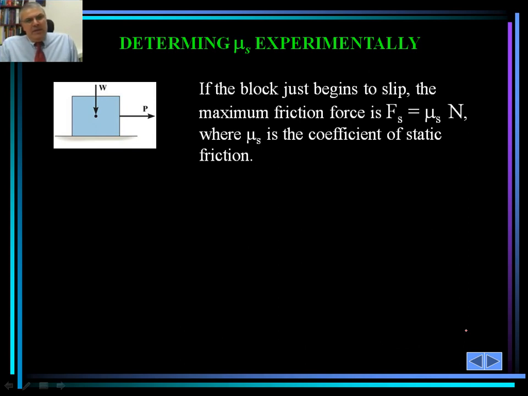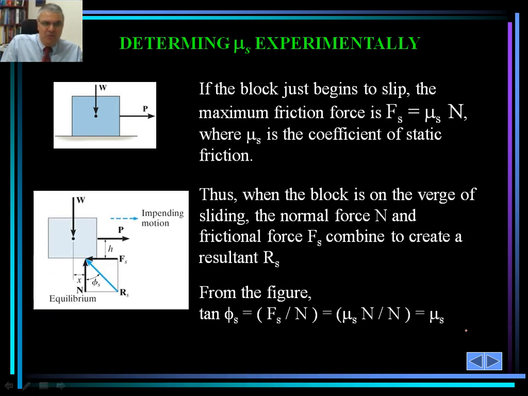At the point in which the block just begins to move, there will be a maximum friction force that we saw on that diagram, and that is F sub s, which is mu sub s multiplied by N, where mu sub s is the coefficient of static friction.